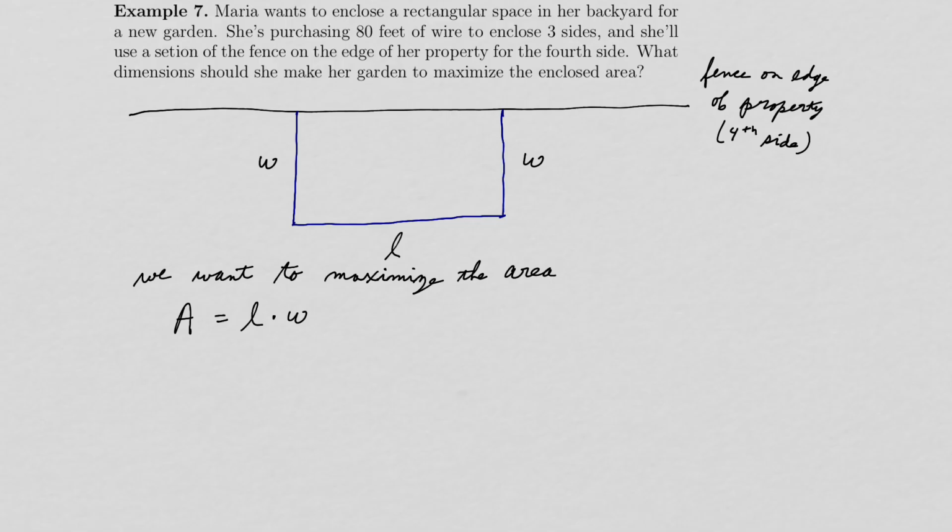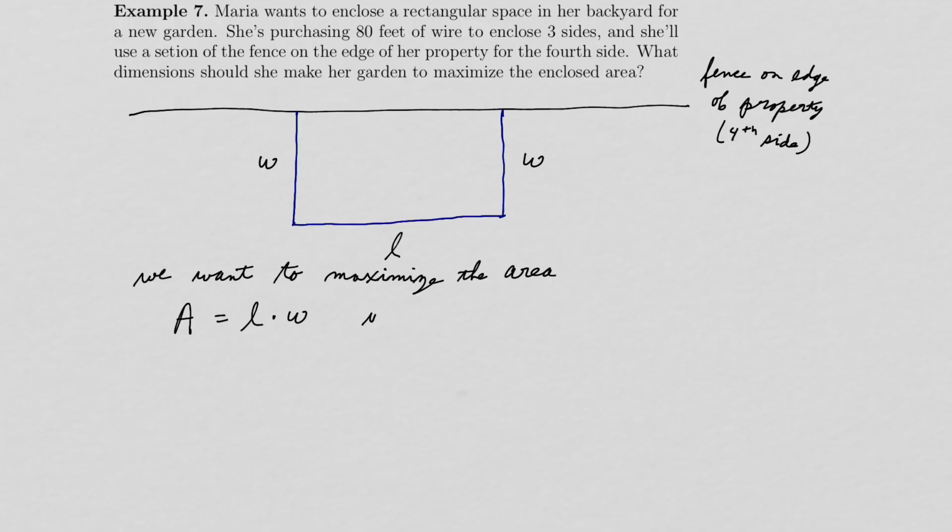However, we want to write this area equation just in terms of one variable, either L or W. It doesn't matter which one, but just in terms of one variable, right? We don't want it related to 2 variables, just one variable. So how do we do that? So first of all, let me write that here.